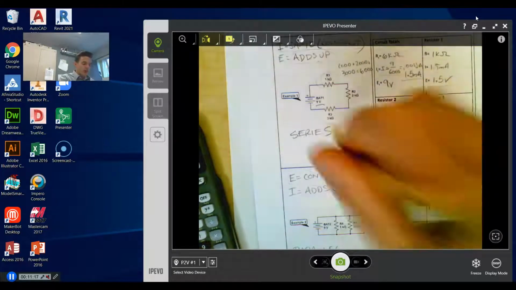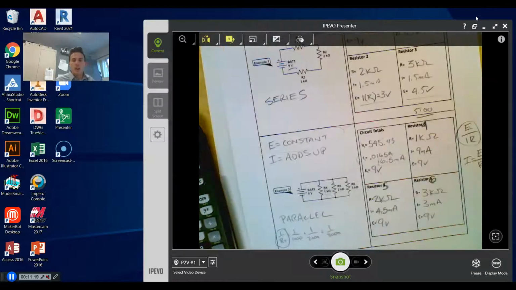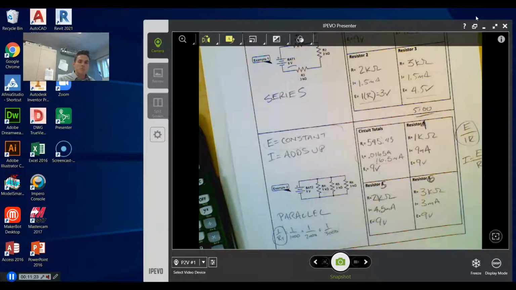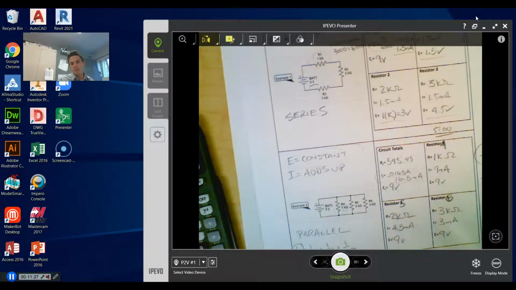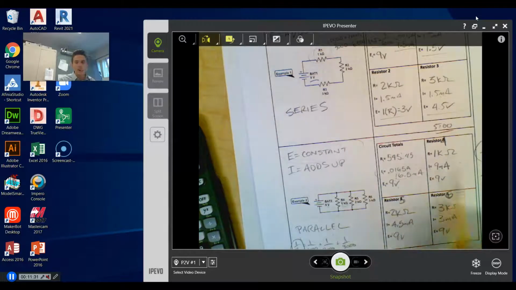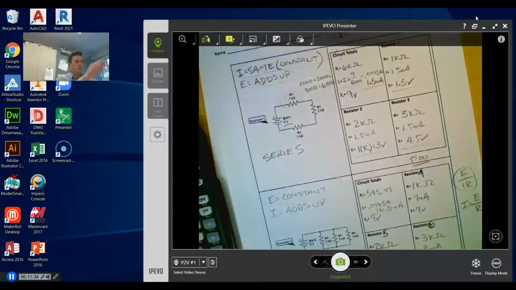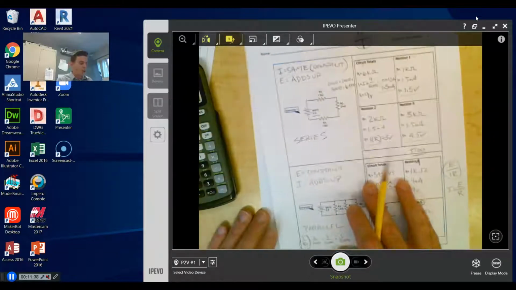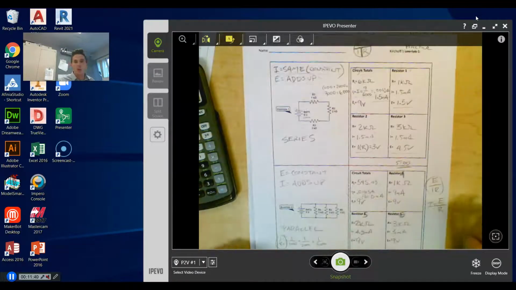That is the process for calculating Kirchhoff's law and the amount of voltage or current that each one of these is going to be using. You can use this lesson to help you with Kirchhoff's law, Lab 1.